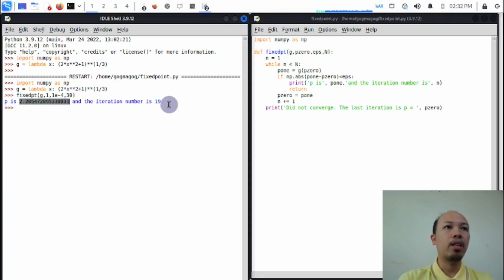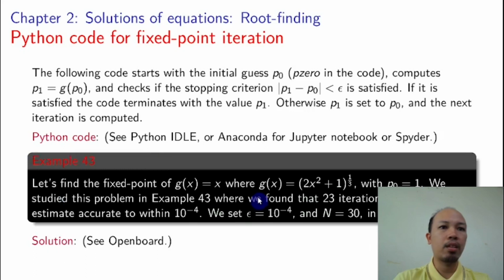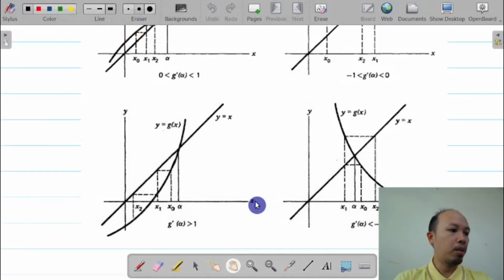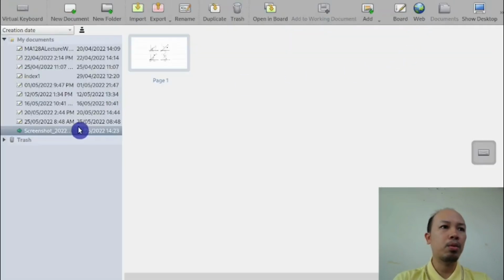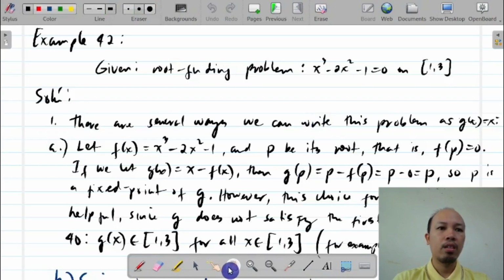The number of iterations is 19, but based on our calculation, we have, oh, not this one, in our open board. Let's go to our open board and go to this one here.